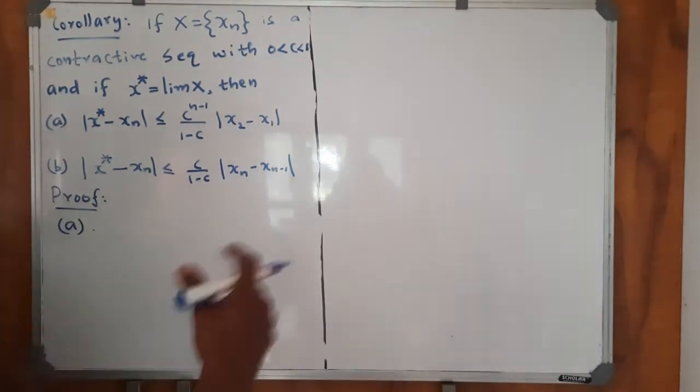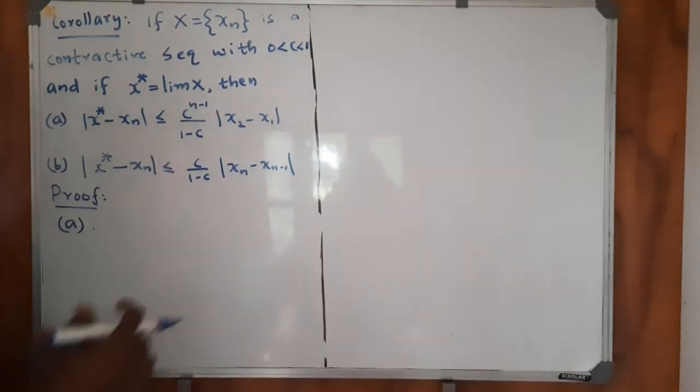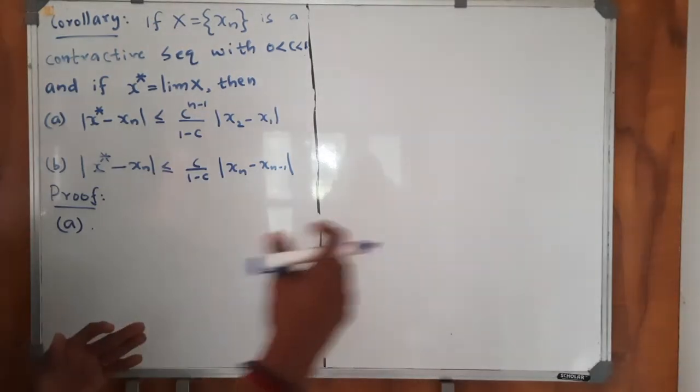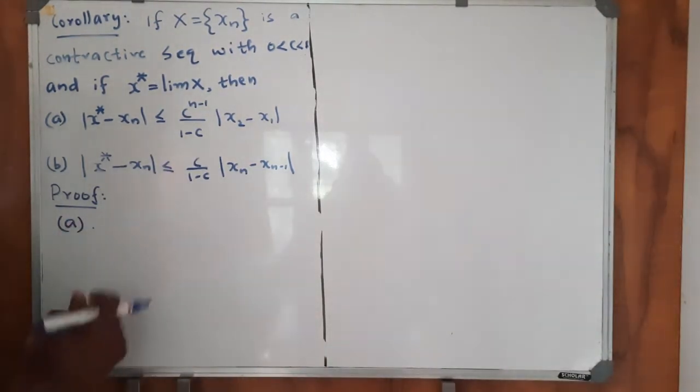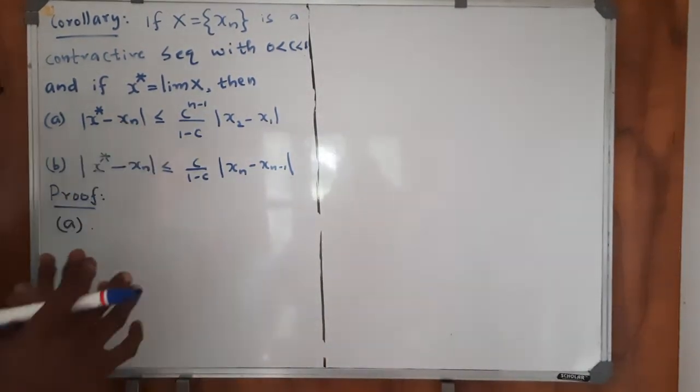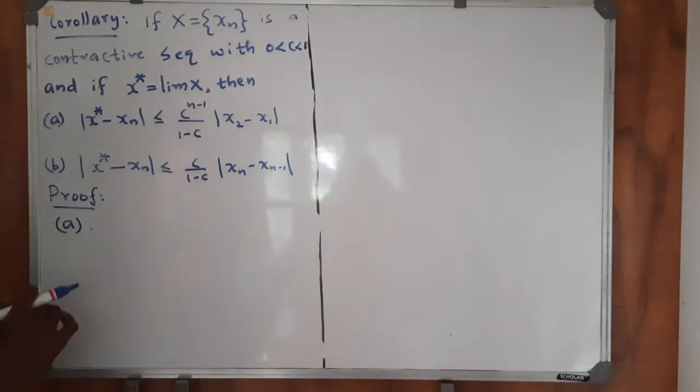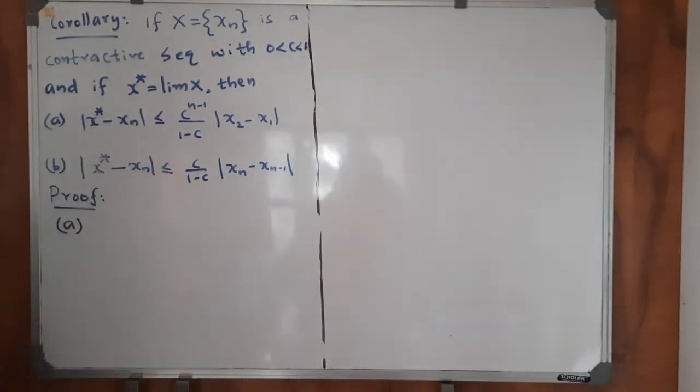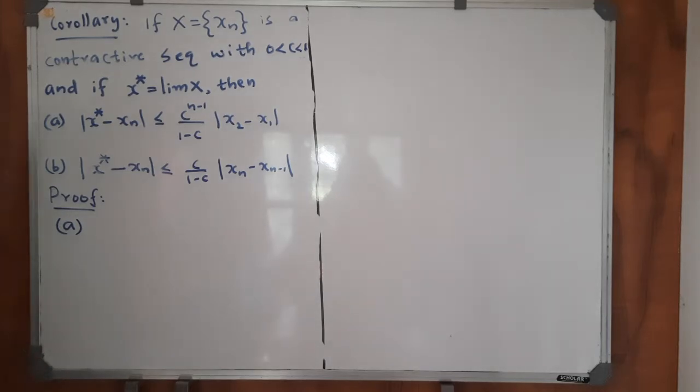So as we increase the subscript n, or as we go ahead in the terms of the sequence, the error becomes smaller and smaller.